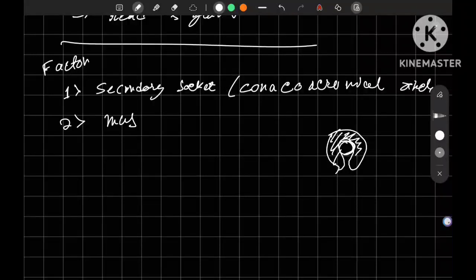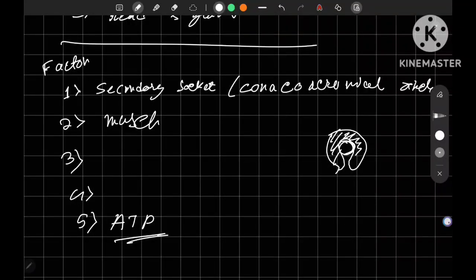Then the muscles are also attached: the pectoralis minor and major at the front, and the posterior muscles. The fifth factor is atmospheric pressure, which also stabilizes the joint.